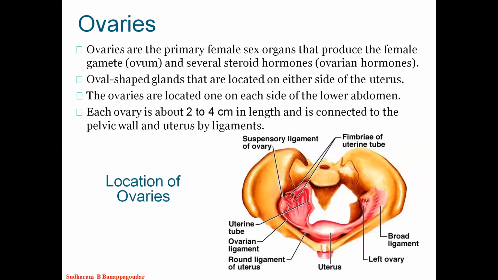How are the ovaries connected? Ovaries are connected to the pelvic wall and the uterus with the help of ligaments. We will see which ligaments are there in the coming slides.